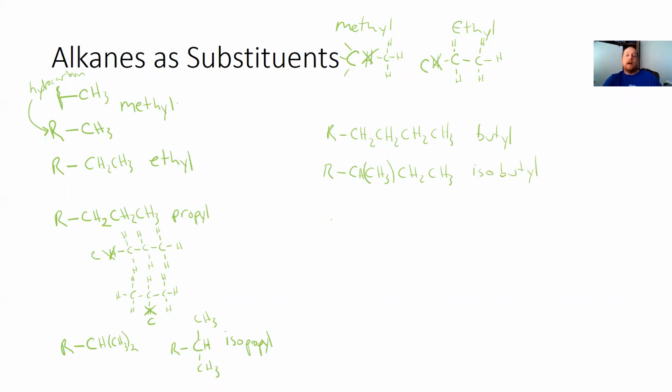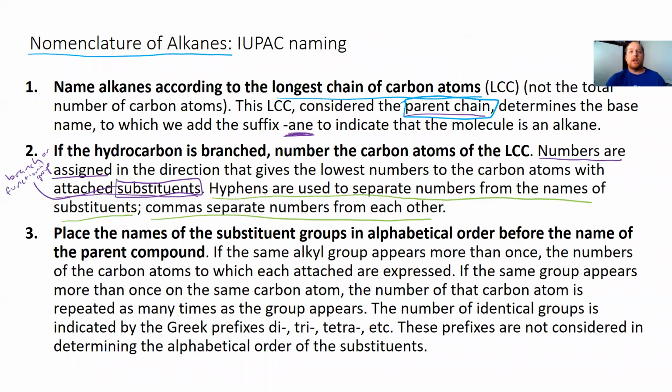Okay, and so on and so forth, going all the way through those substituents, or all of those alkanes that we looked at before. If we go back up here now, you're going to use hyphens to separate numbers from the names, and commas if you have more than one of a given substituent.